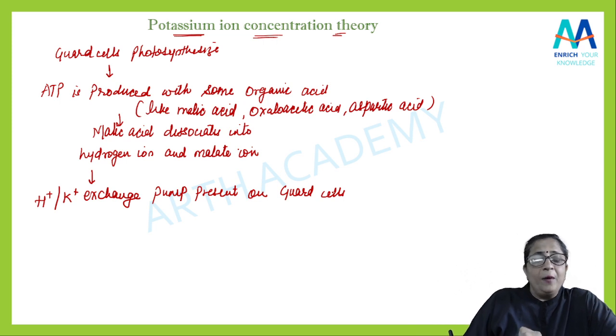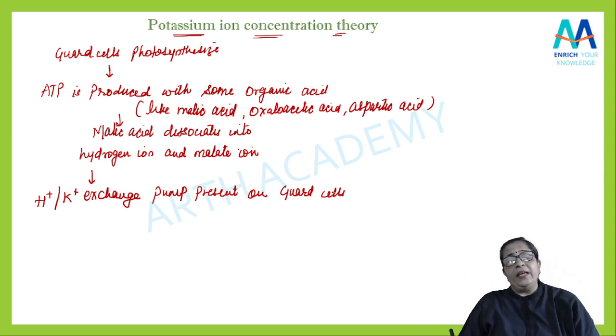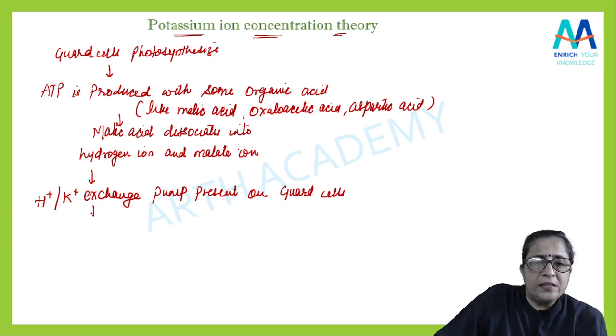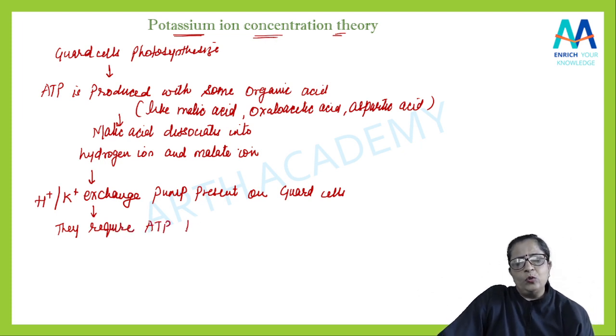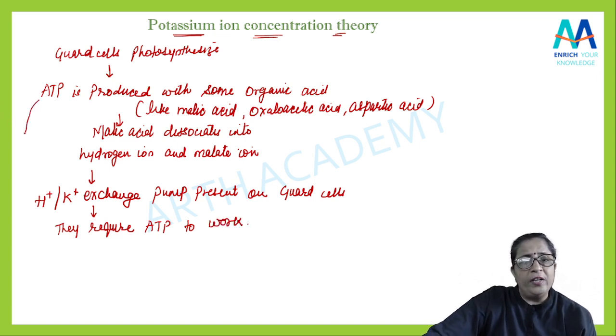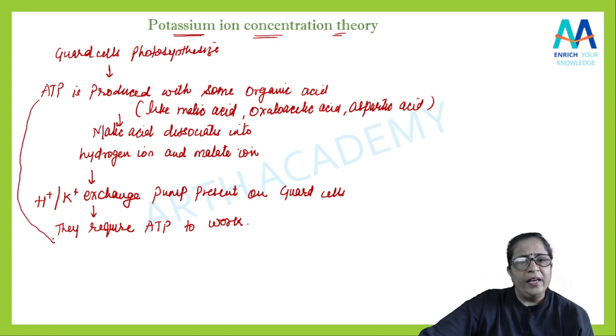ओके, अब ये पंप को काम करने के लिए क्या रिक्वायर होता है? They require ATP. Yes, they require ATP to work. Now ATP तो मिल गई, फोटोसिंथेसिस में ATP मिल गई, सो वो ये वाली ATP यूज करेंगे.